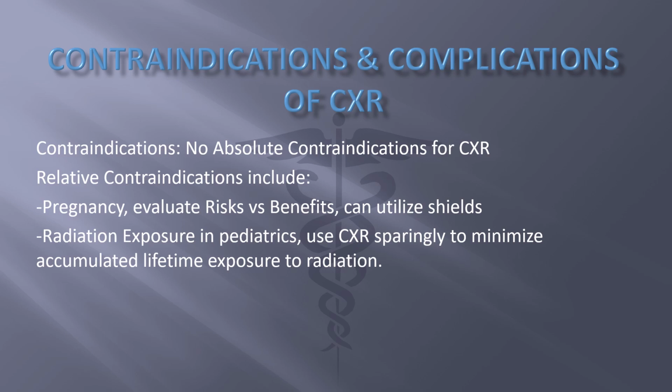Also, we can use shielding to shield sensitive areas such as their reproductive organs or the thyroid, for instance. You can shield the areas that you don't want radiated with lead aprons and things like this. So those are really the only contraindications of chest X-rays.